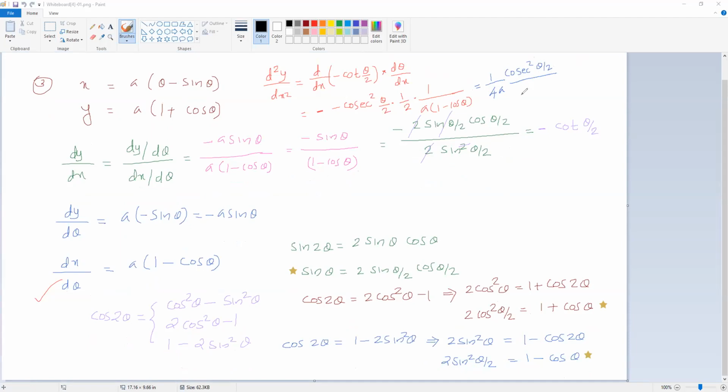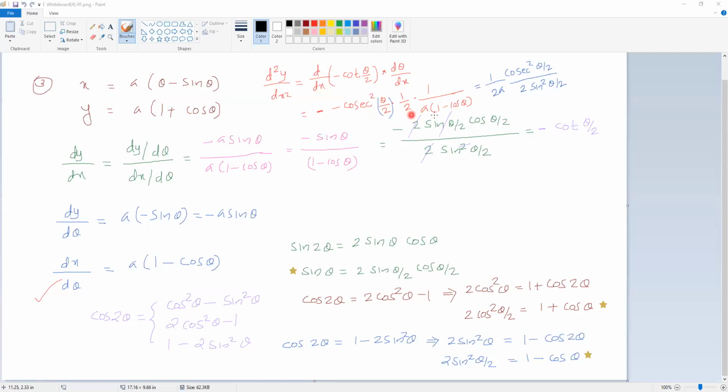So 1 minus cos theta is 2 sin square theta by 2. Sorry, here it is not 4a, it is 2a, because this 2 is in the angle theta by 2. Don't confuse with that. It is just like cosecant square theta, it is just the angle theta by 2.